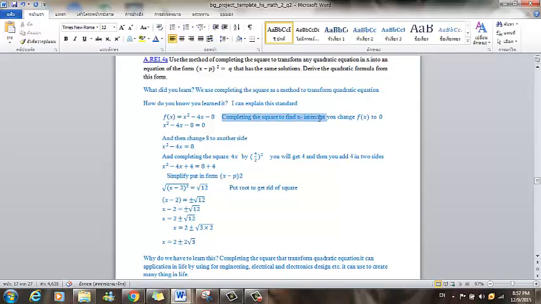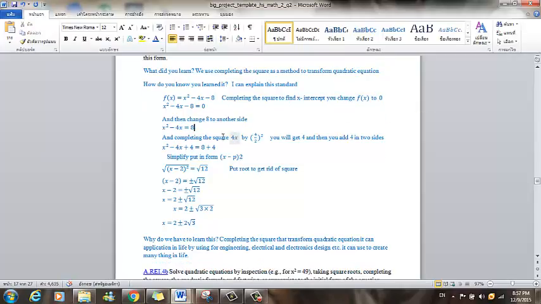Completing the square to find the x-intercept, you can set f(x) to 0. You change f(x) to 0, and then you move the constant to the other side.